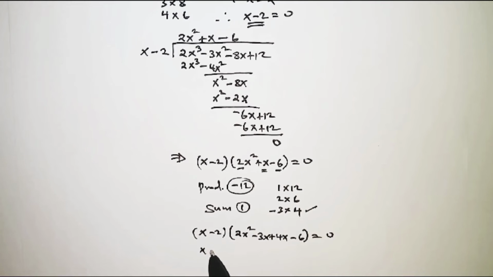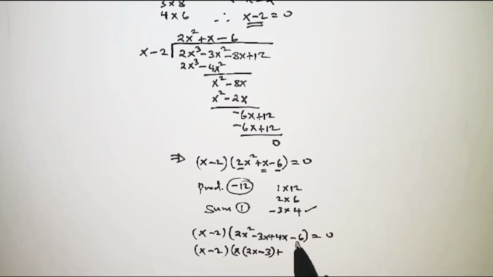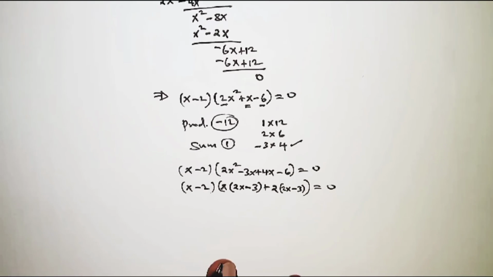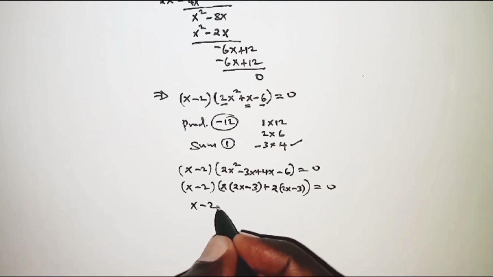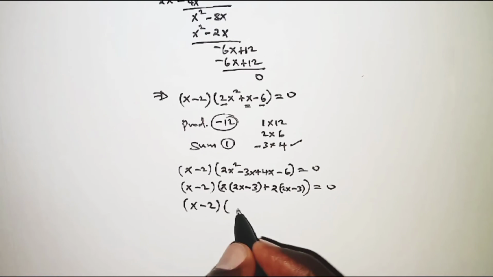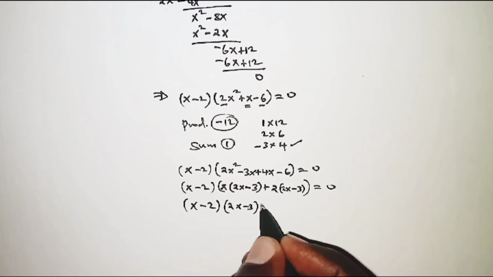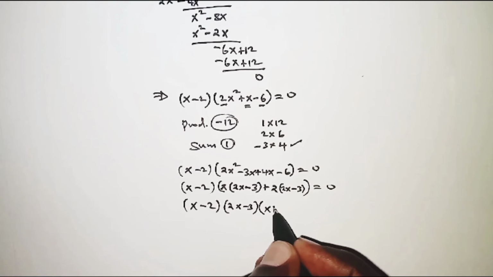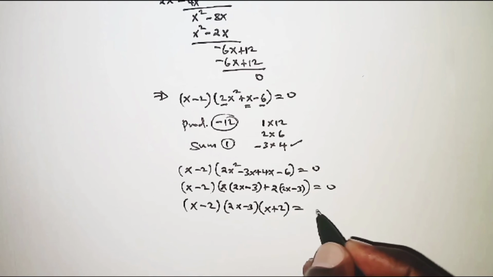So we're going to have x minus 2 into, so this one factorized should be x into 2x minus 3, then plus 2 into 2x minus 3. That is 0. So continuing, we have x minus 2 into, so here the common factor is 2x minus 3, and then into the other bracket x plus 2 is equal to 0.